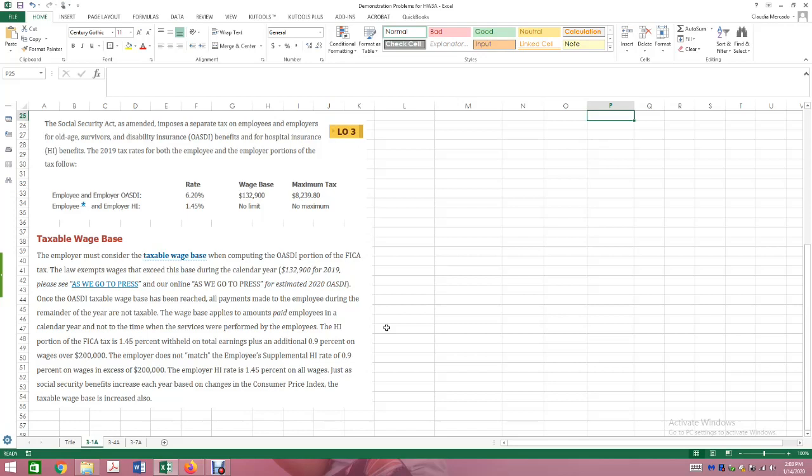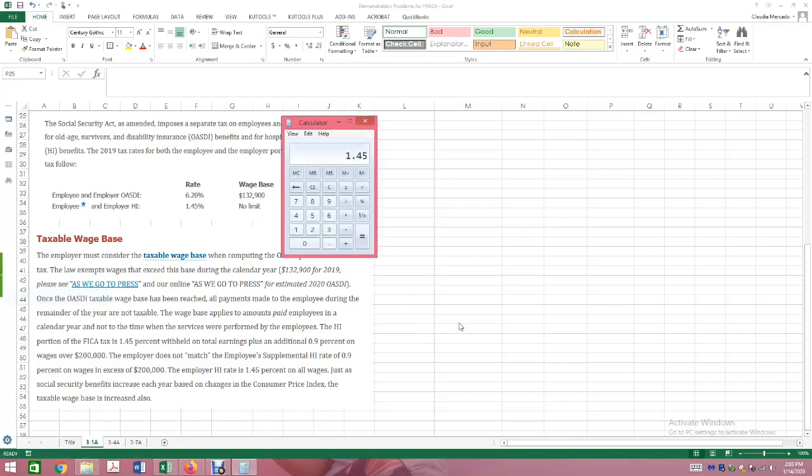The HI portion of the FICA tax is 1.45% withheld on the total earnings, plus there is an additional 0.9% on any wages over $200,000. So if you make over $200,000, then the HI rate is going to be 2.35% on anything above $200,000.